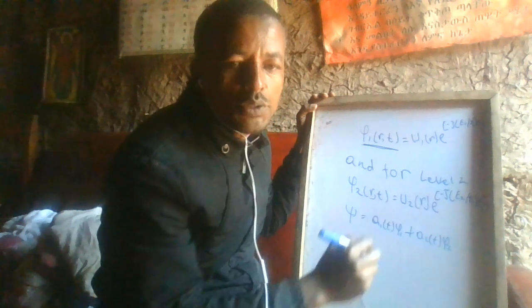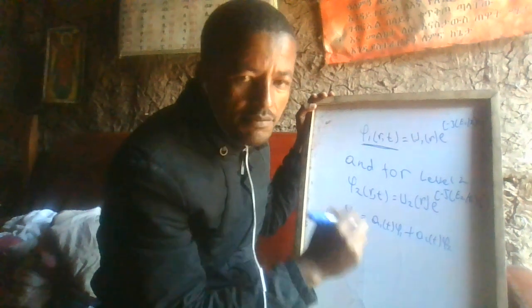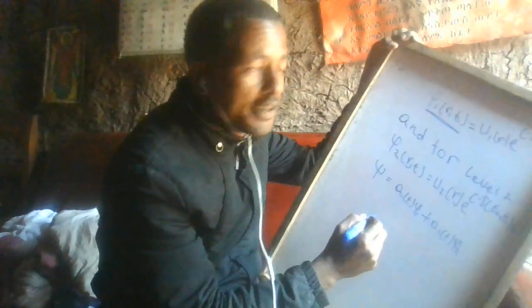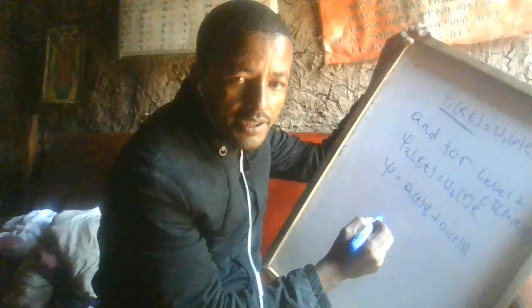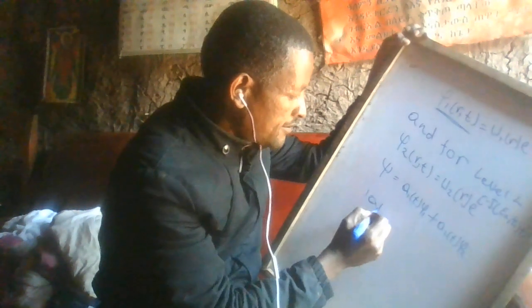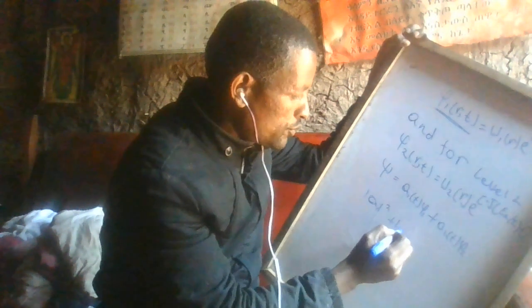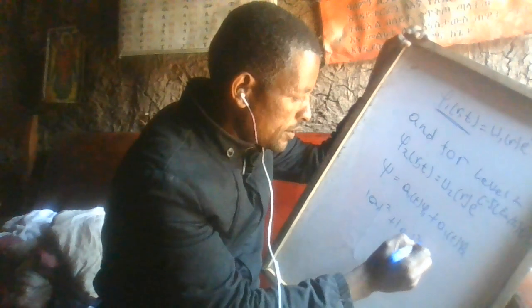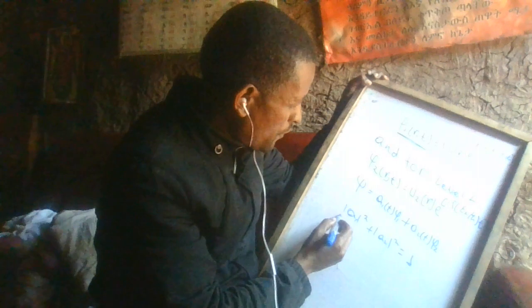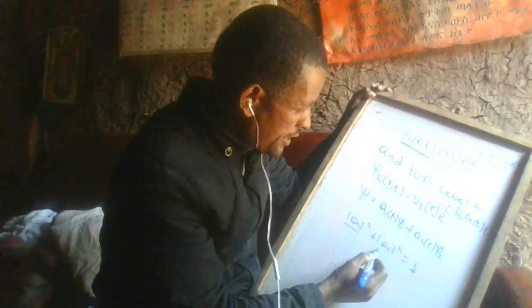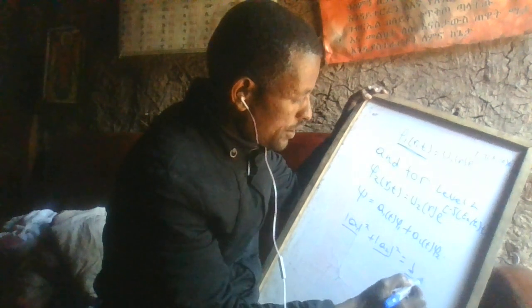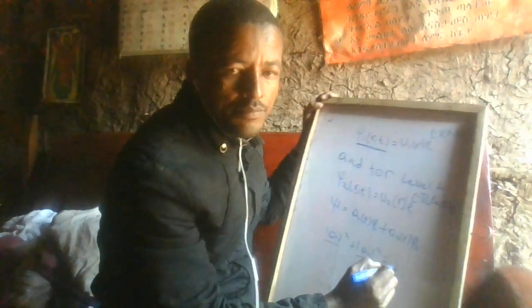Note that according to quantum mechanics, we have the magnitude of A1 squared plus the magnitude of A2 squared equal to 1.